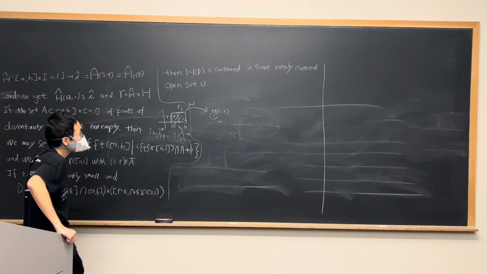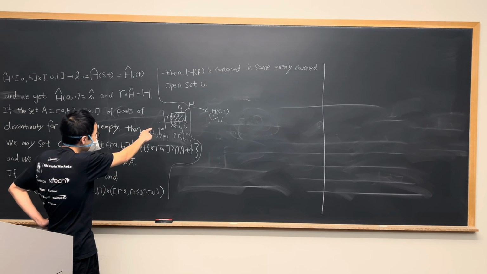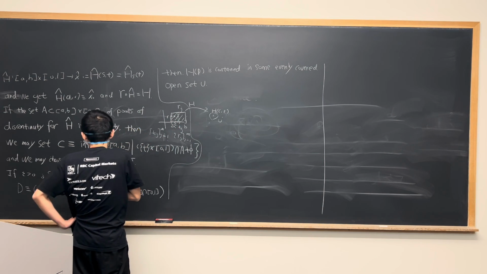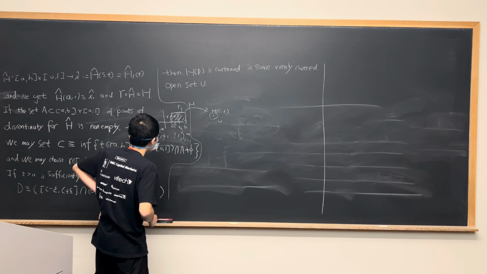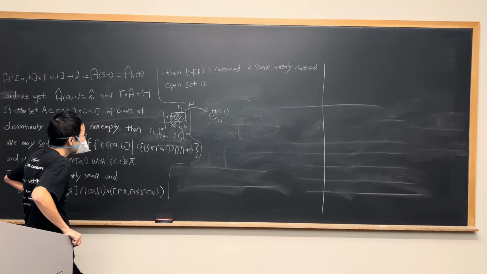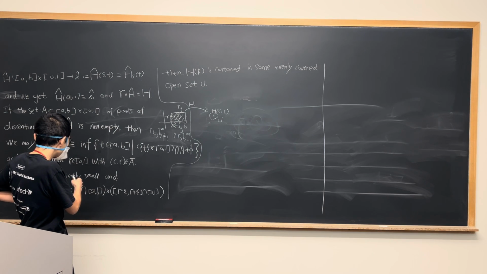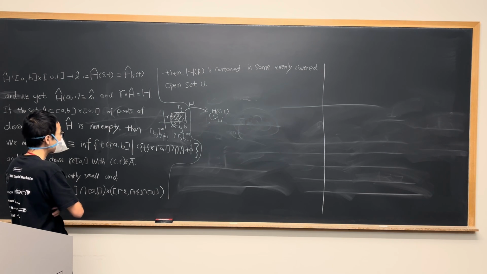If I take the inverse image of this set, because H is continuous, then this set must be open in this [a, b] cross [0, 1]. Since it is open, I think we are good.